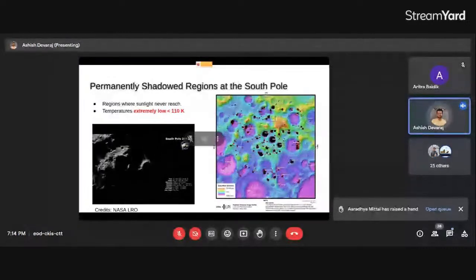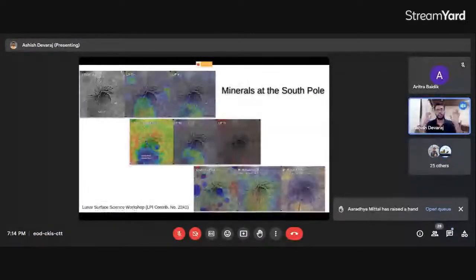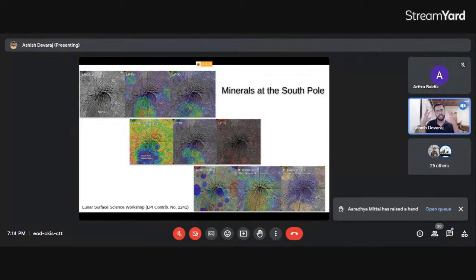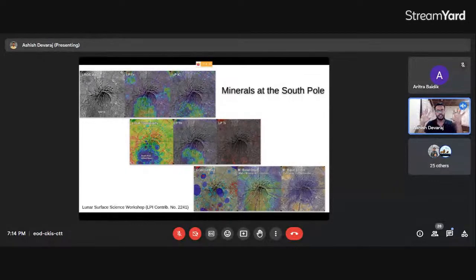The second thing is the mineralogy, the minerals which you see at the South Pole. In this slide, I want you to look at the second row, first image, which is seen in yellow, red, and bluish color. That blue color region is particularly interesting. It was a region formed during the early evolution of the moon, when a huge asteroid came and hit the moon, and a lot of debris was removed from that region.